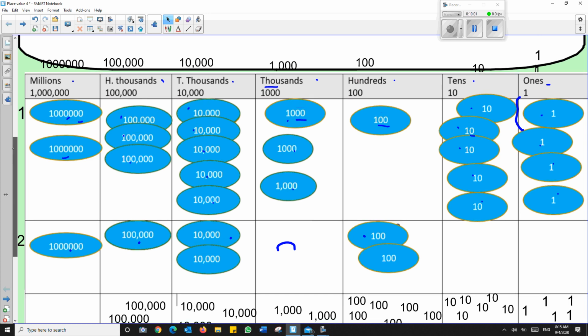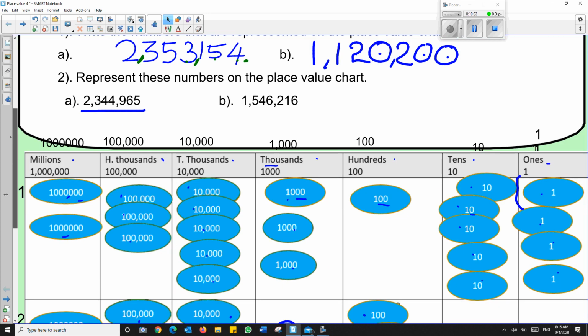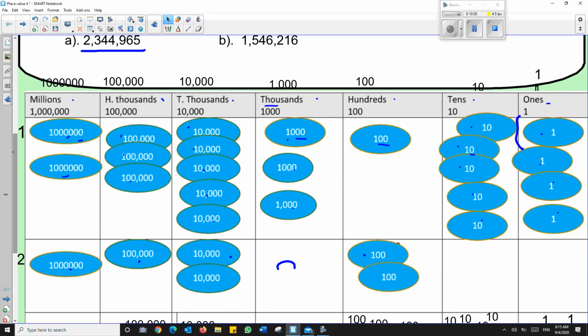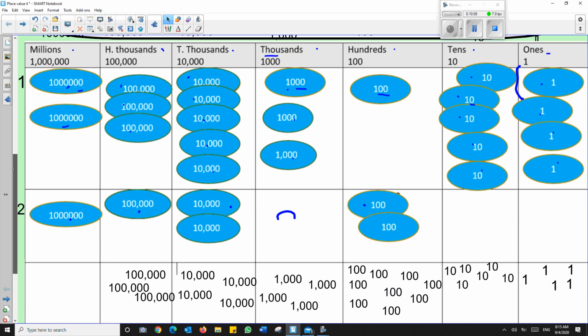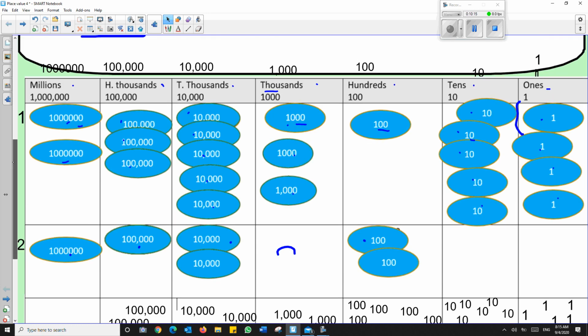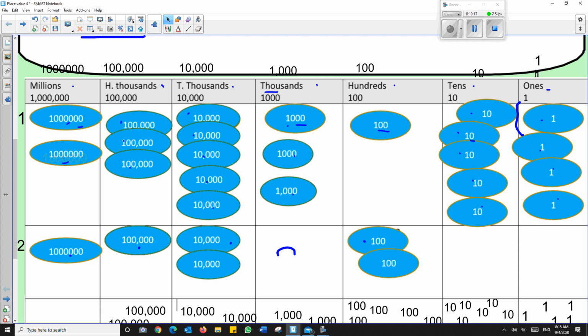Finally, in millions, we have 2 millions. 1 and 2.